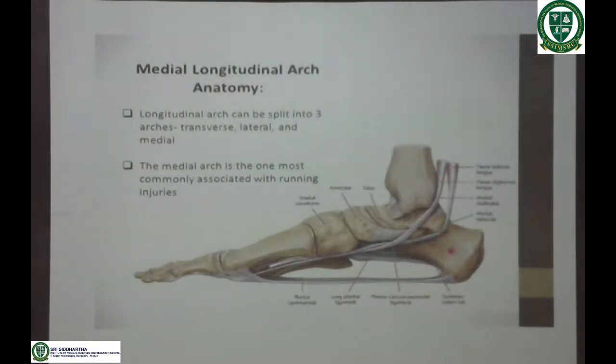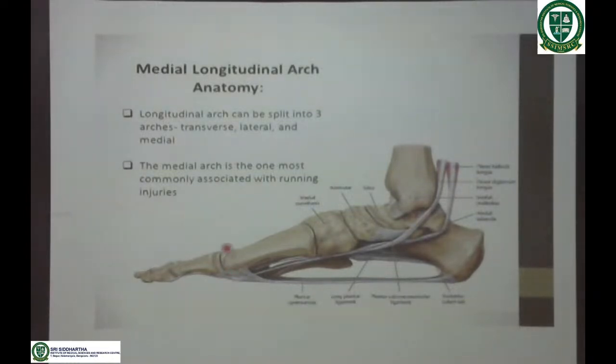Distal to the calcaneum, superiorly there is the talus, then comes the navicular, then the cuneiform bones, medial, intermediate and lateral, then the medial 3 metatarsal bones. The heads of the first, second and third form the anterior end of the medial longitudinal arch, which is also touching the ground.